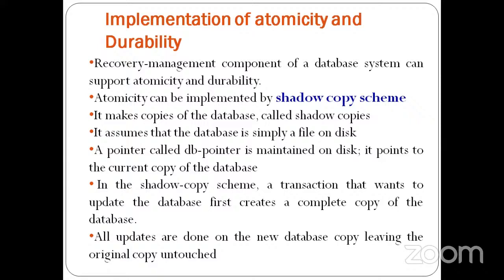We already know shadow copy means it makes a copy of the database. The DB pointer is maintained on disk and points to the current copy. In the shadow copy scheme, a transaction that wants to update the database first creates a complete copy of it.